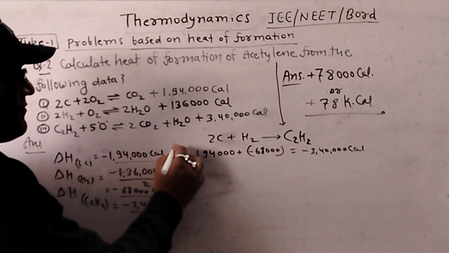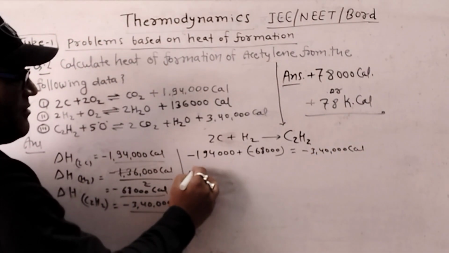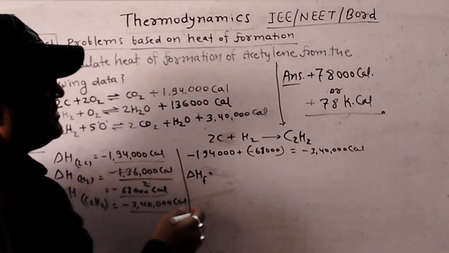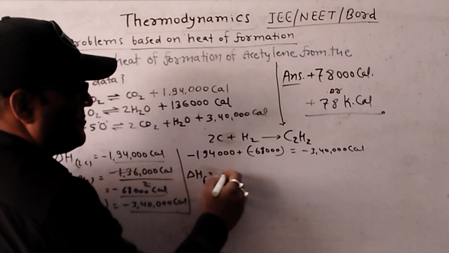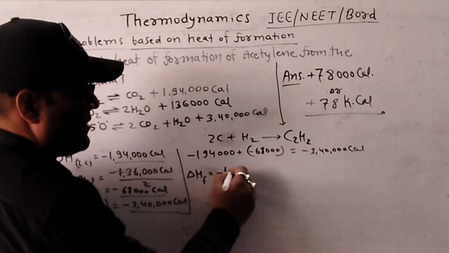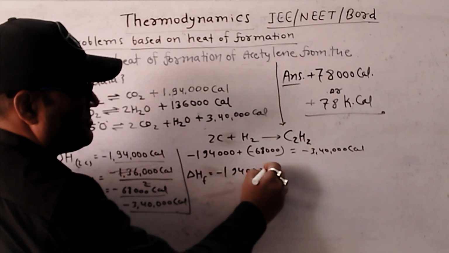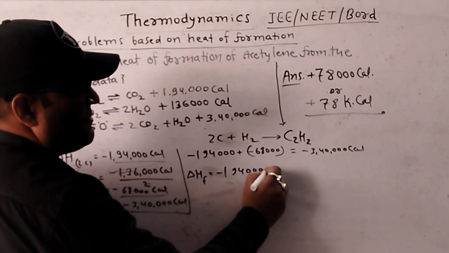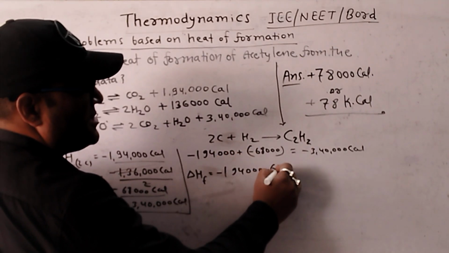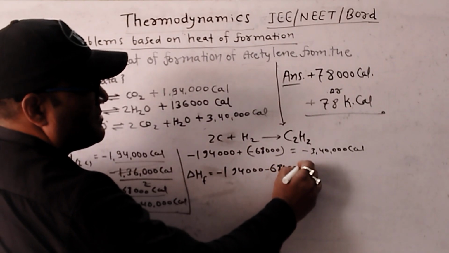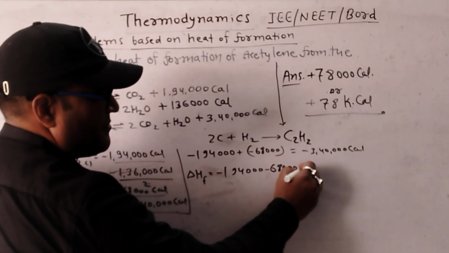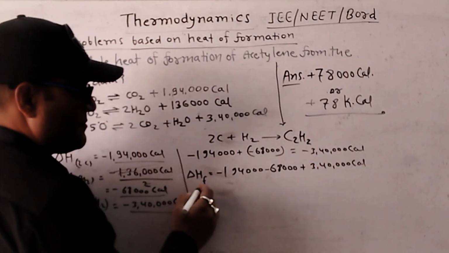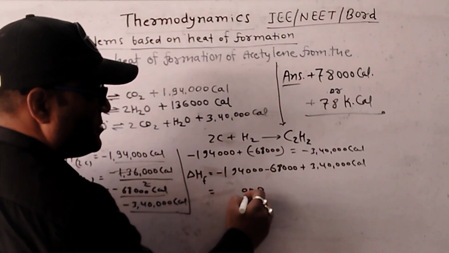Now we can find the value of delta H, the heat of formation. Minus 1,94,000 plus minus 68,000, and here plus 3,40,000 calorie. So 0 and 0.